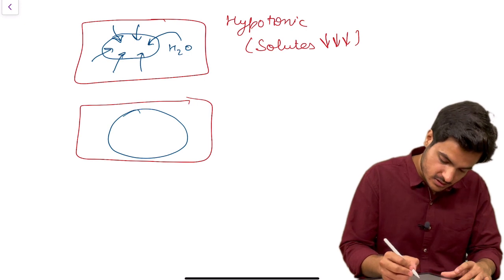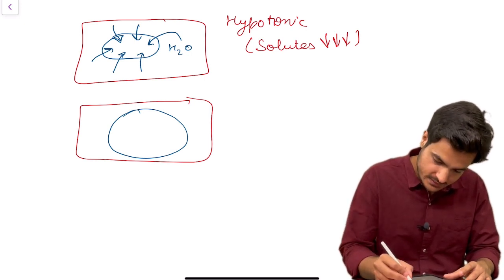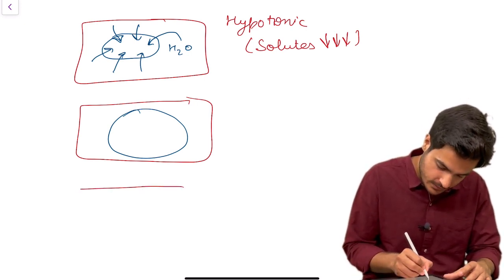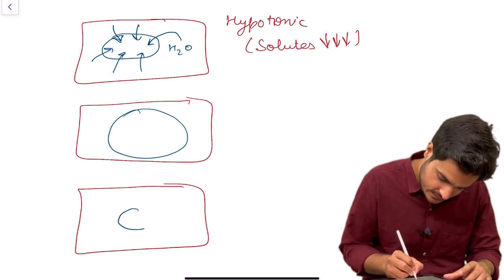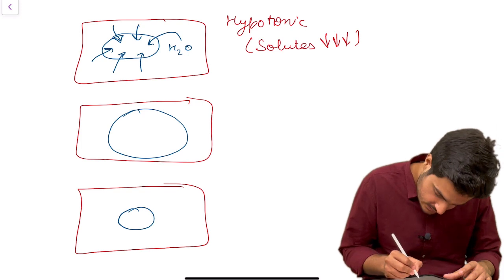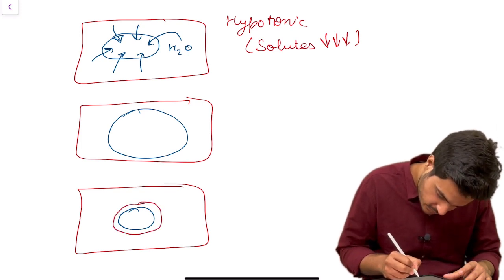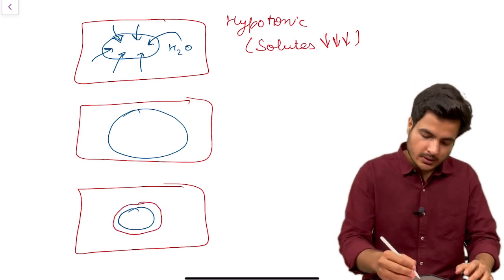But due to the presence of the cell wall, this bacterial cell resists the increment in its size, because the cell wall provides structural support.